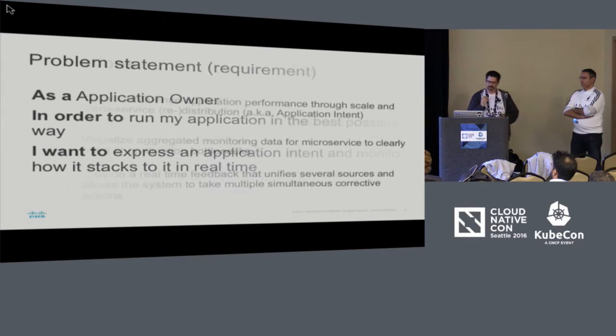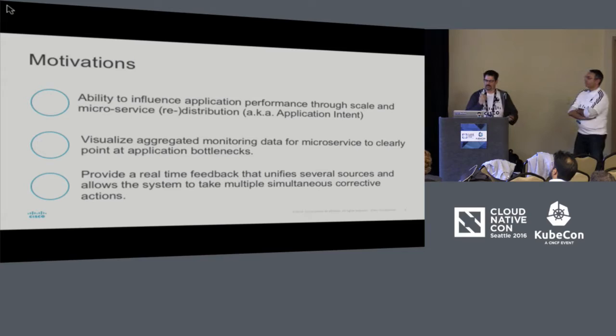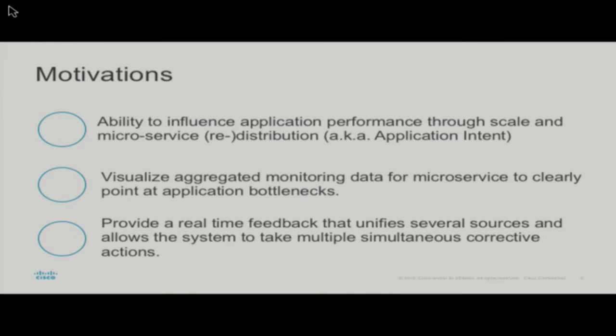Some of the motivations are pretty simple. How do I provide real-time performance and scalability of an application against what's happening to that application in real time? The difficult part is how do we collect the data and measure the actual performance of the application when you're deploying it as a set of containers?